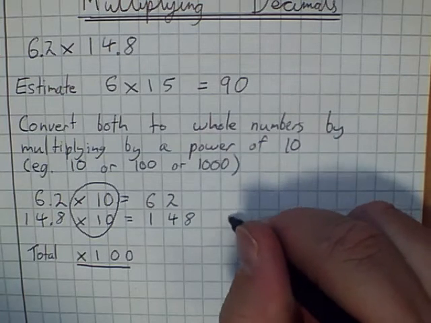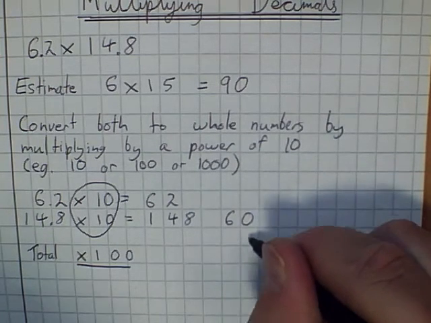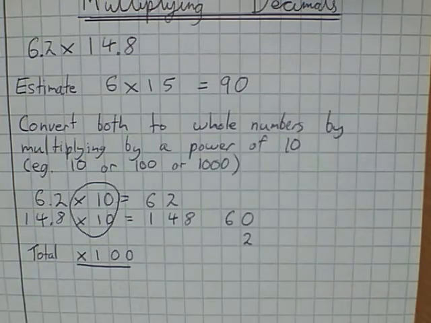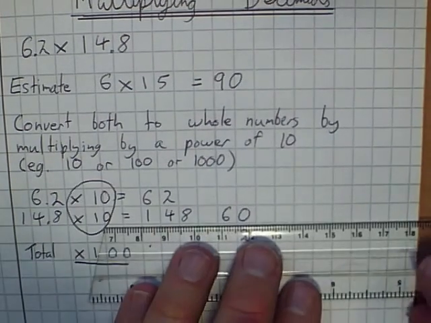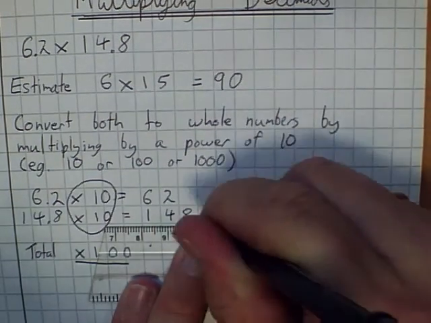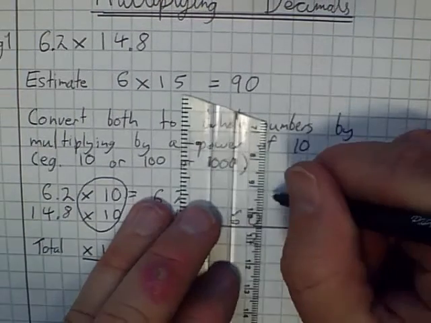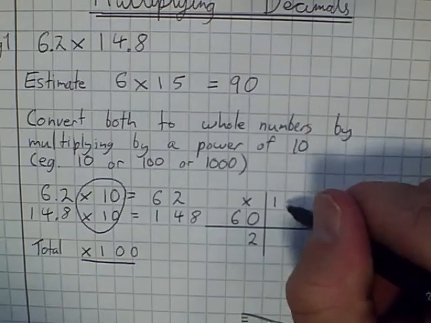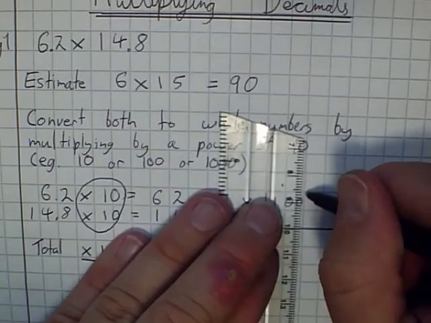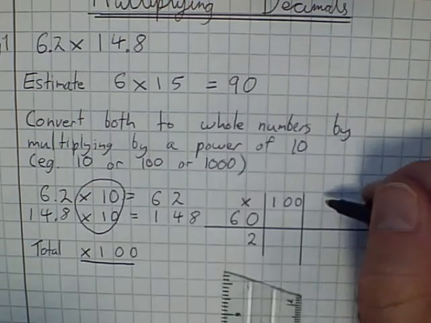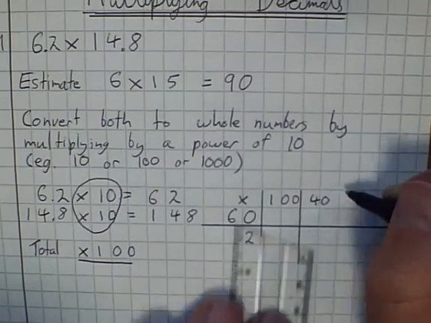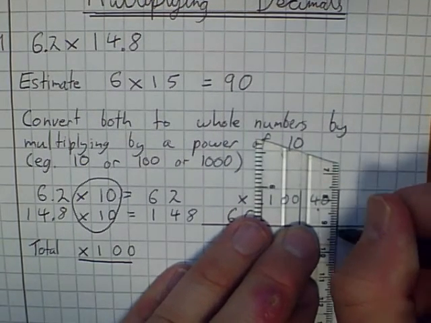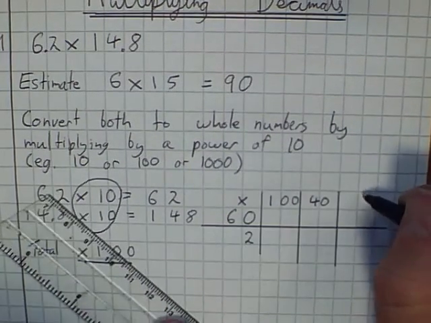So we've got 60 and 2, multiplied by 100 and 40 and 8.